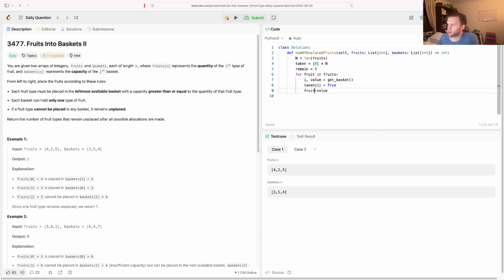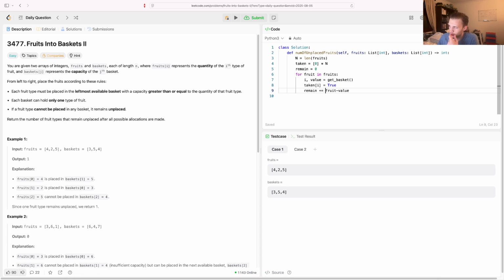Okay, we need to have the remain value, and I'm trying to think about how we want to do this. So remain minus equals or plus equals. If value is greater than fruit, we return 0. That means that we could put all the fruits in the basket.